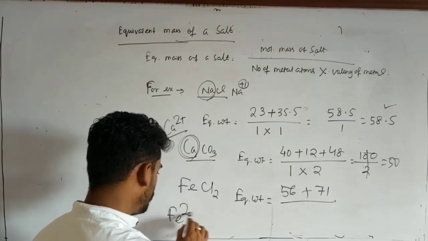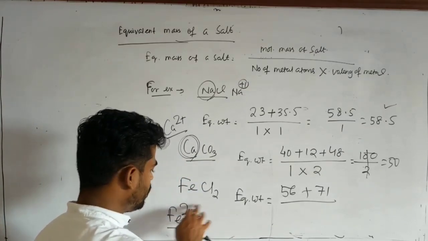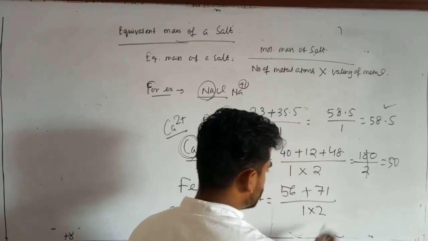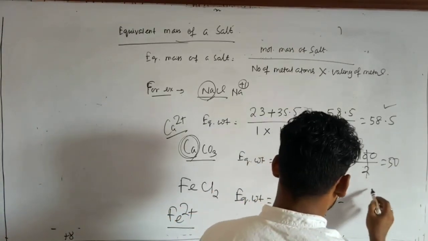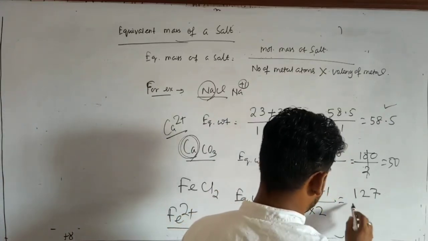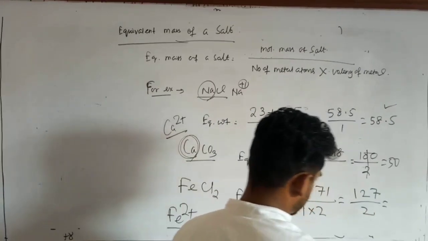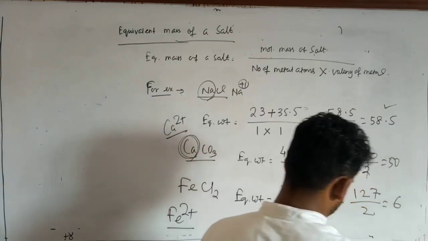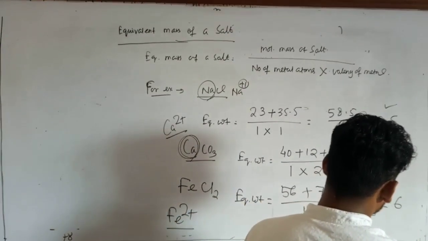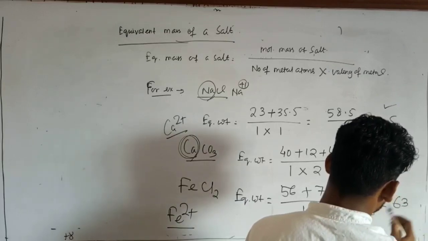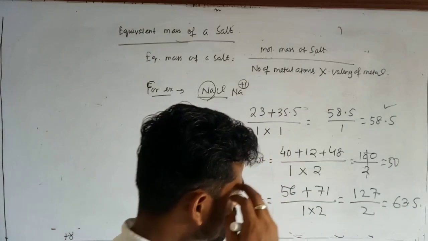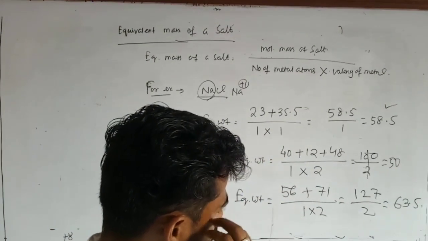That is Fe2 plus, ferrous and ferric, but here it is 2 plus, so that will be 1 into 2. Again you just add this, 127 divided by 2, that will be 63.5.